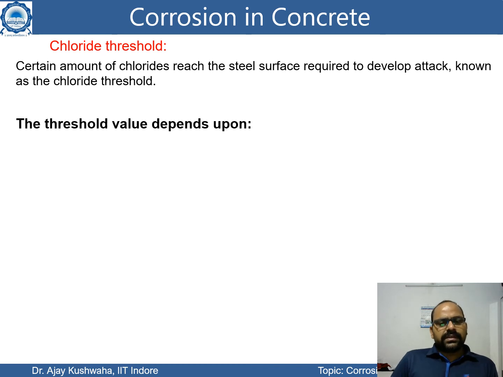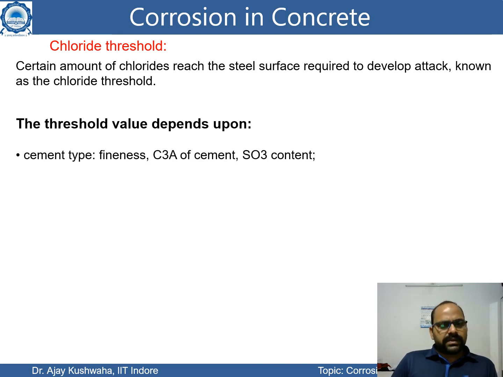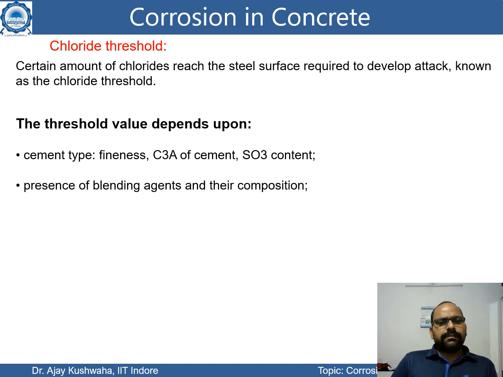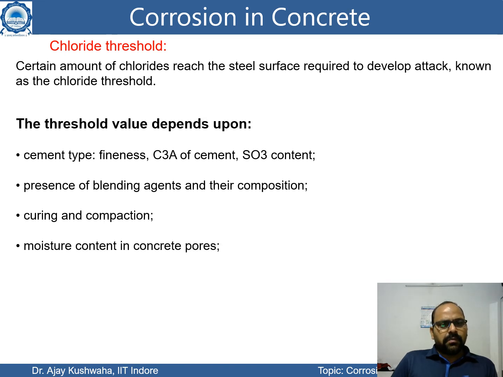So we can say the threshold value depends upon parameters like what kind of cement is there, fineness, C3A of cement, SO3 content. Similarly, presence of blending agents and their composition, curing and compaction, whether how long or what kind of curing was done, compaction, moisture content in concrete, steel type and surface finishing.